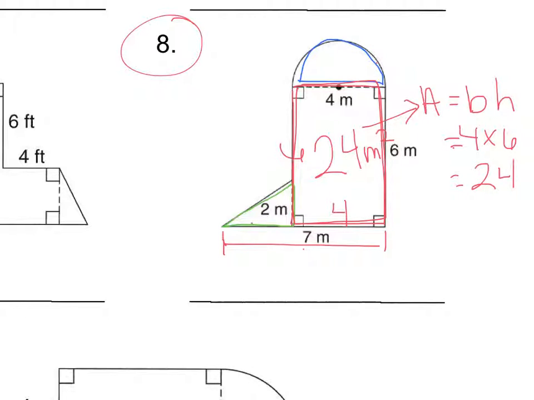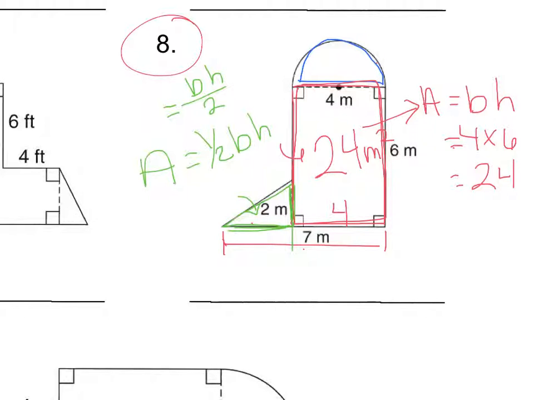Okay, so now I'm going to go back over to my triangle. My area formula is 1/2 base times height, or some of you like to write base times height divided by 2. Either way is fine with me. With the triangle, we have a little bit of a challenge because we know the height of the triangle is 2 meters, but we do not know the base.